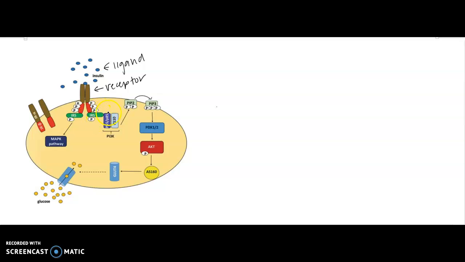This molecule here activates this molecule here, which activates this, which activates this, which activates this, which activates this, which activates this. And then this GLUT4 protein travels to the cell membrane, and glucose is transported into the cell. That is the other response. And this is the main purpose of insulin. You probably know a little bit about insulin already.